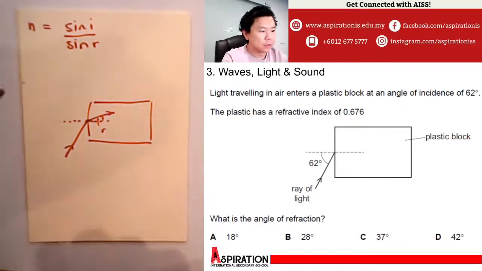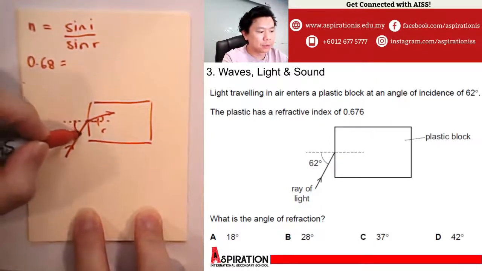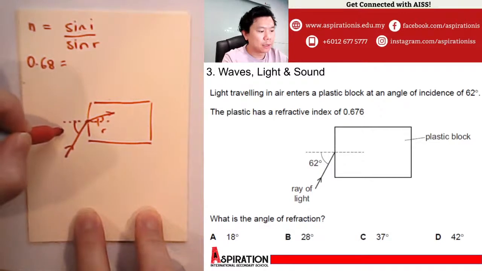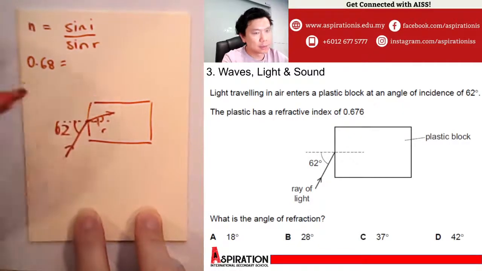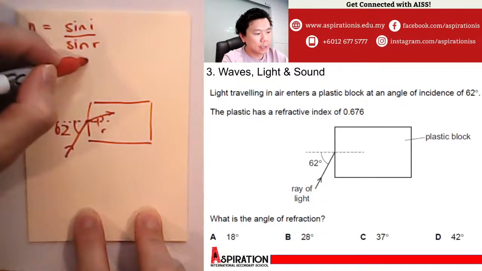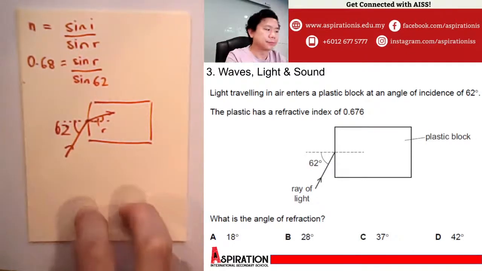Okay. So since the refractive index is 0.68, you put the smaller angle on top, and this is the smaller angle. So sine R over sine 62.